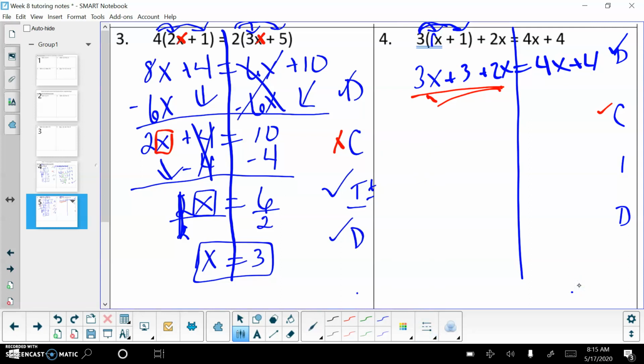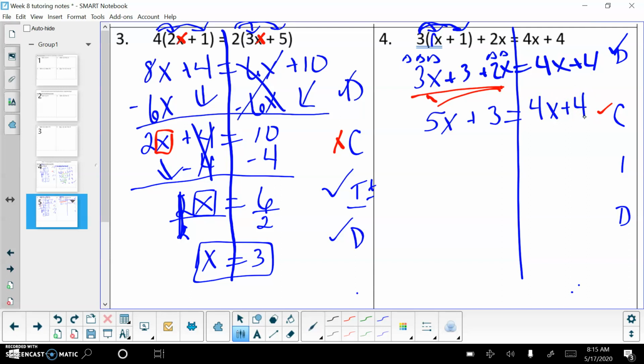So 3 plus 2 is 5x. And that would be like when we had the 3 triangles and the 2 triangles, and we put them together. Notice that that was 5 triangles. Well, that's the same thing as 5x. This 3, I'm just going to bring it down. And then on the right side, 4x plus 4 cannot be combined because they're not both x's. So I'm just going to write it down. So the combine step is done.